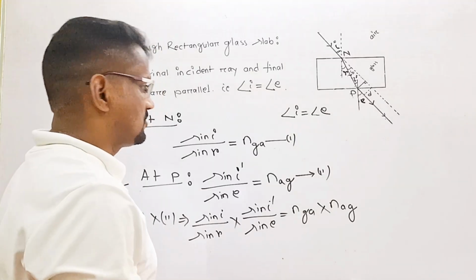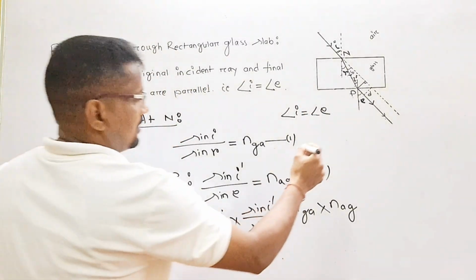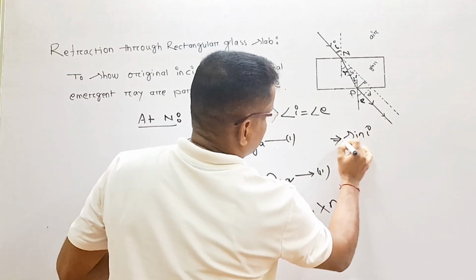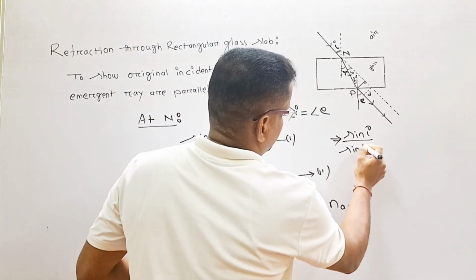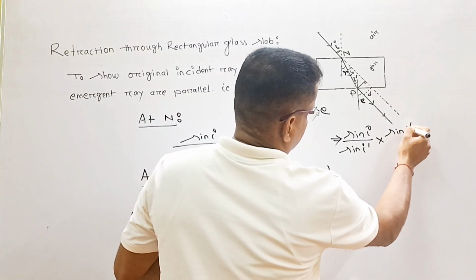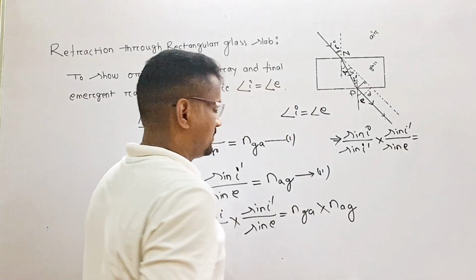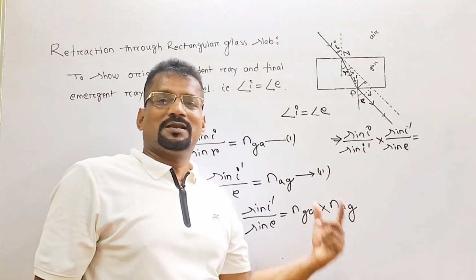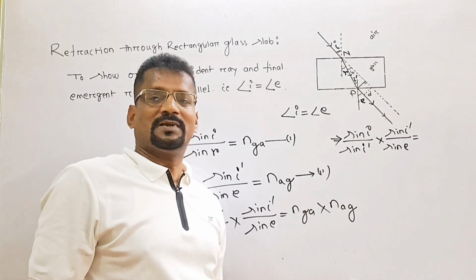Simple geometry. So as R is equal to I dash, you do one thing: sin I by sin R, we can write sin I dash, as it is, into sin I dash by sin E, equal to refractive index of glass with respect to air. If you take the reciprocal of this, that will be your what? Refractive index of air with respect to glass.